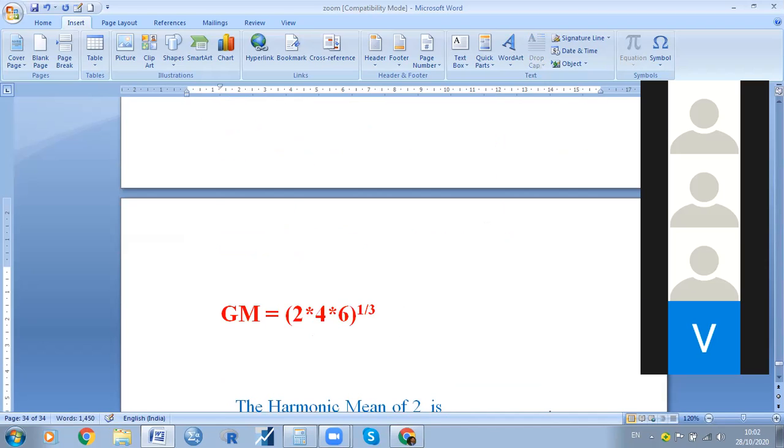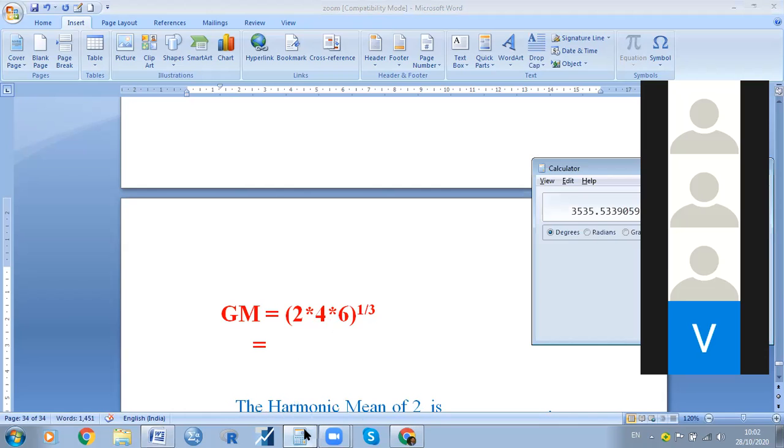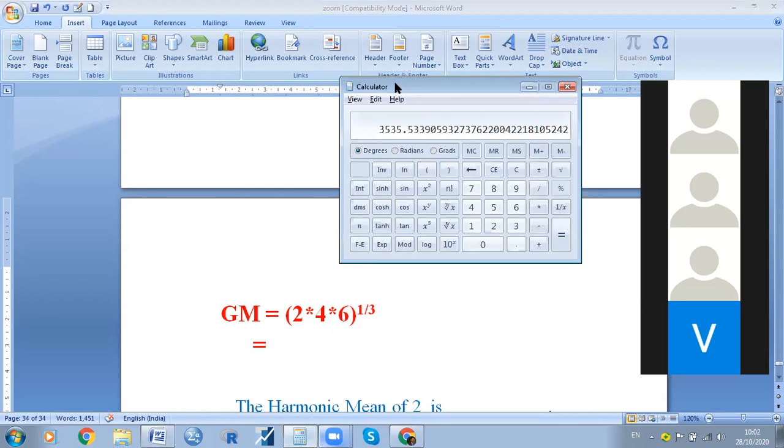So it is 2 into 4 into 6. 2 into 4 is 8, and 8 into 6 is 48.